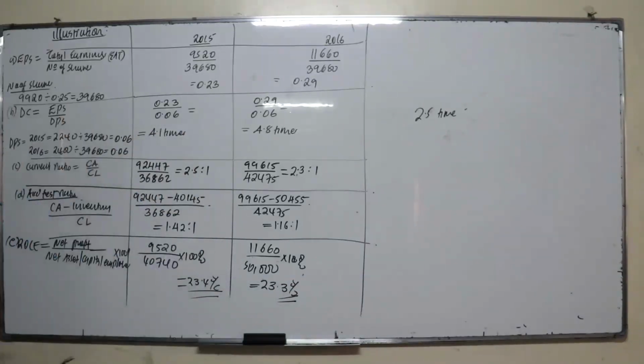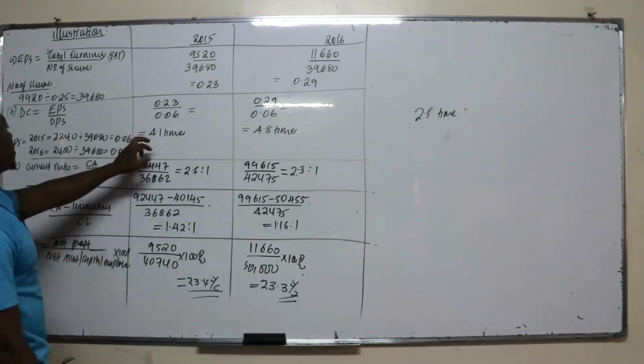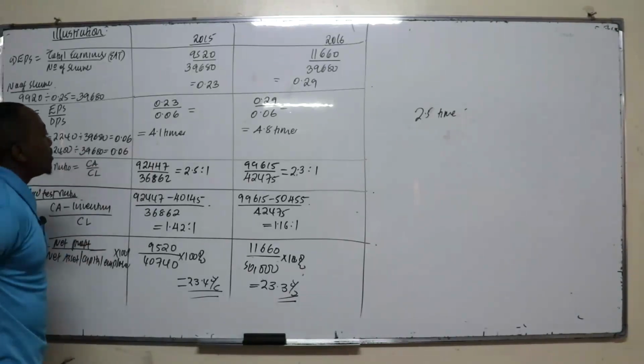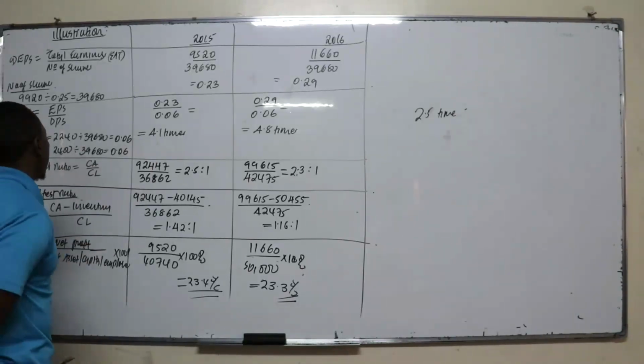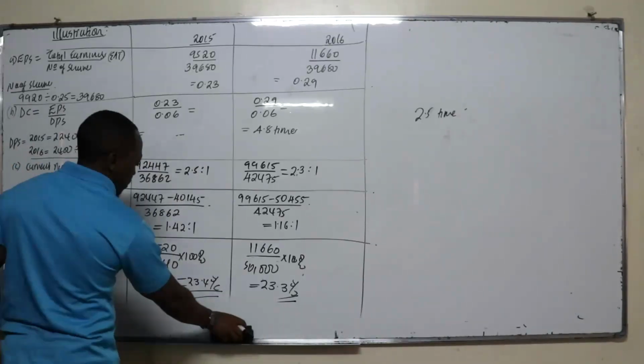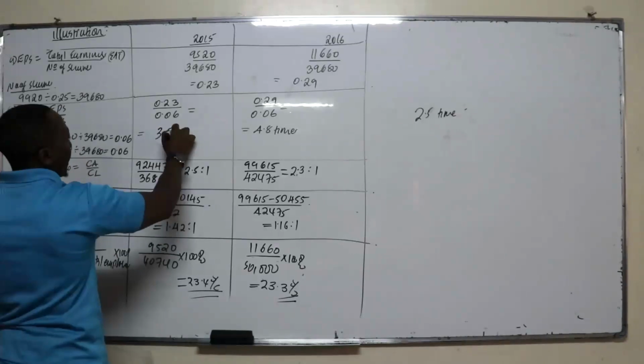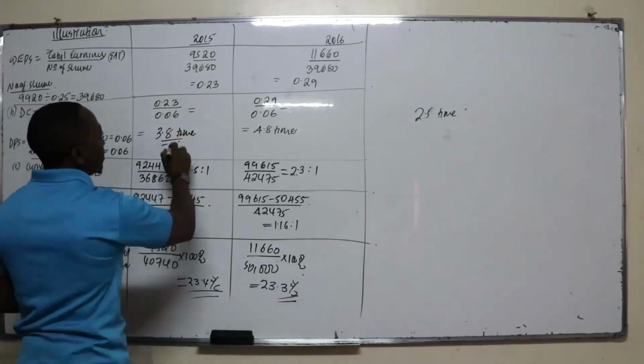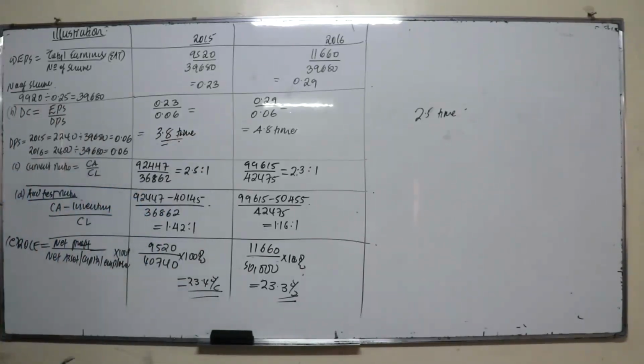Good. And that's all about that topic, financial statement analysis. Dividend cover is 3. This one is 3.8. Good. And that marks the end of that topic.